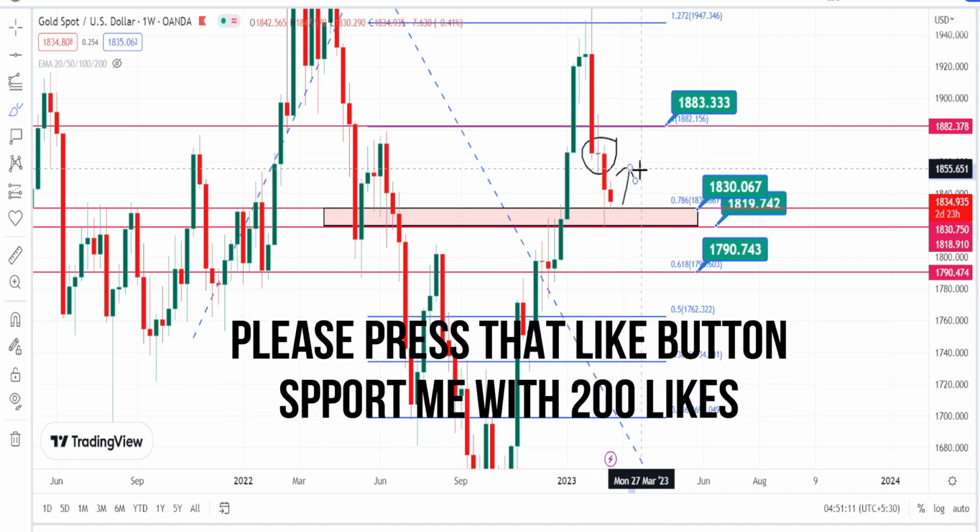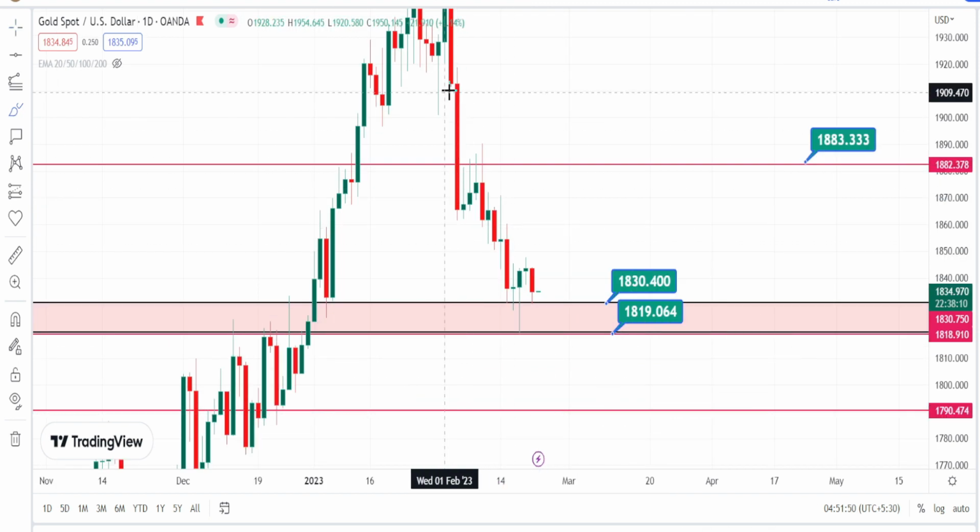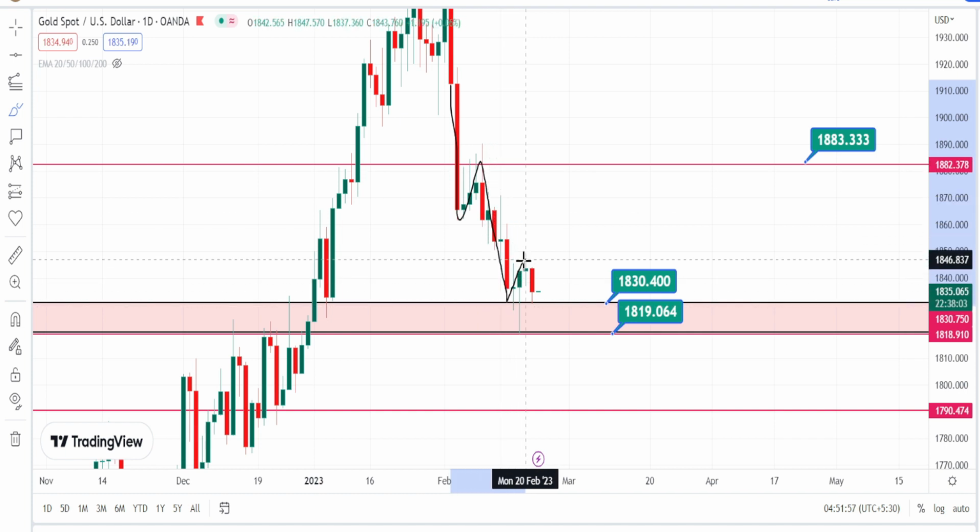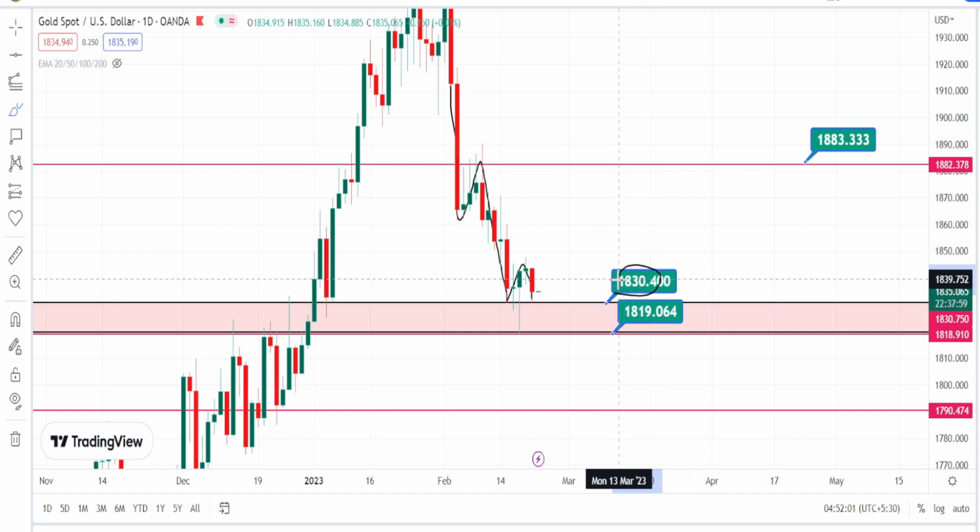Let us look at the price action in daily time frame. I'm in daily time frame, and we already know that the current trend of the price action in daily time frame is also in a bearish trend, but we can notice that it is struggling to break this support level of 1830.